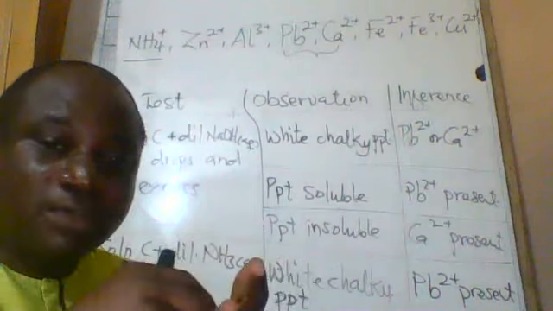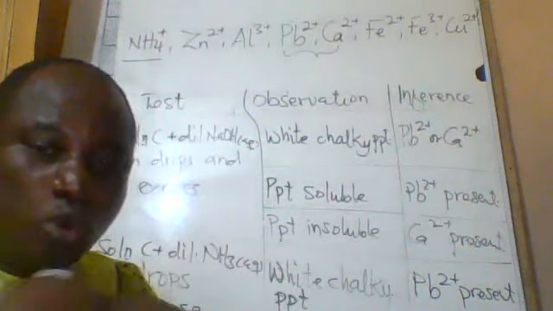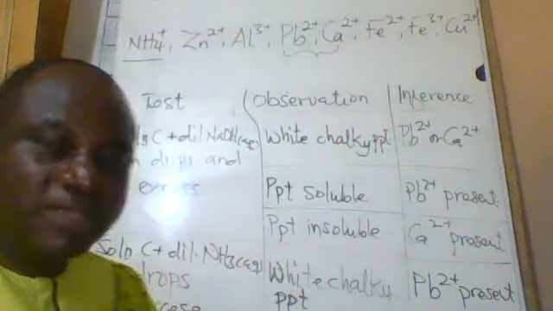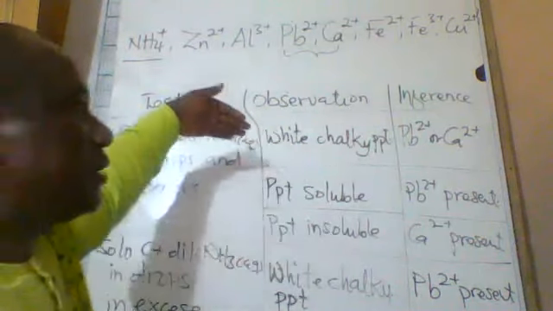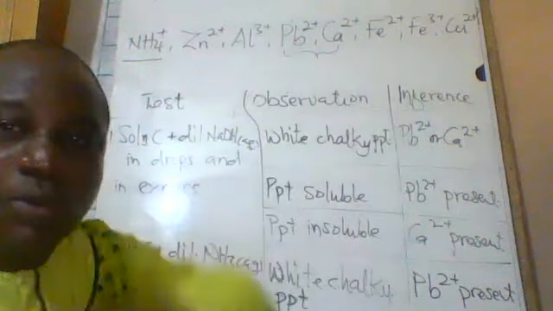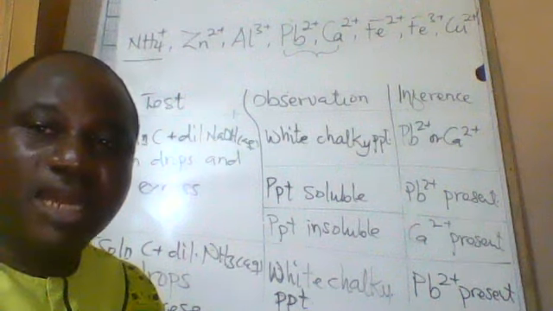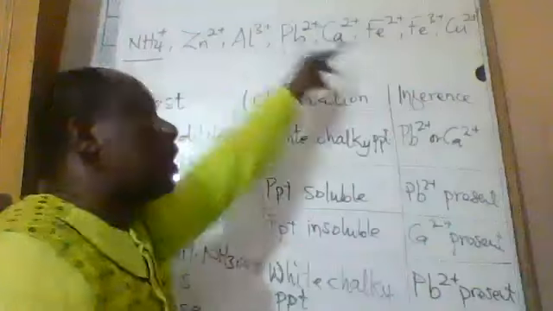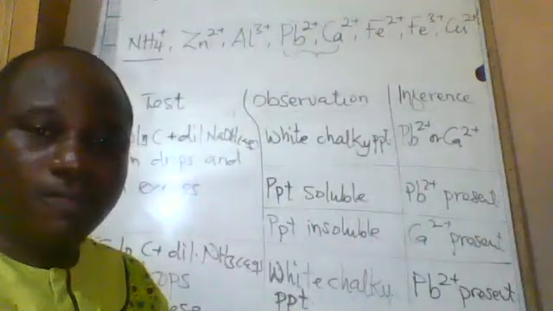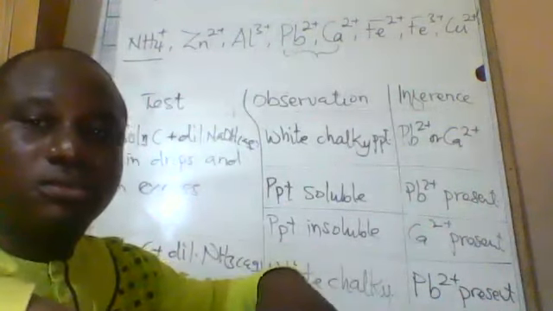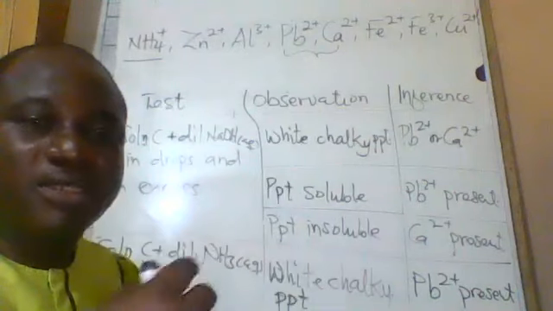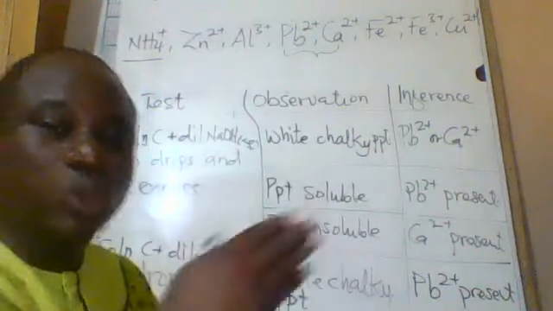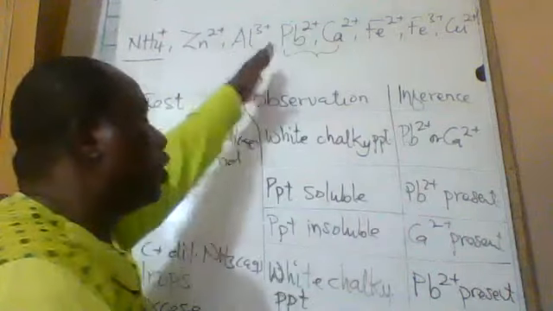If you are performing it, fine, then you will qualify the white. But for the NOVDEC, if they just write white PPT without qualifying the white, then you should be suspecting all the four there. All of them will give you white. But when you qualify the white, it narrows the scope to these two or those two.